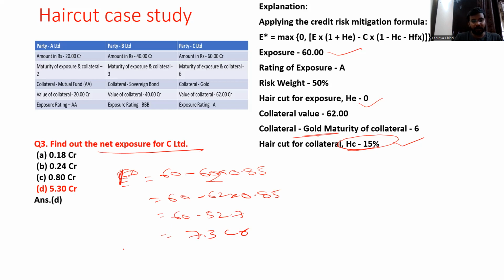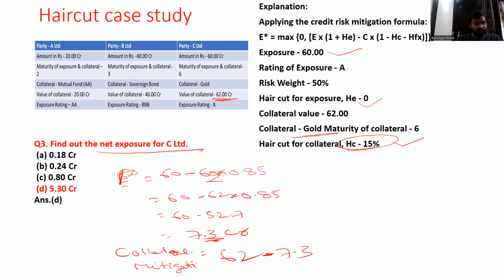exposure. Now we have to calculate collateral after mitigation. Collateral after mitigation means collateral value minus exposure value. So what is the collateral here? Collateral here is 62 minus exposure value 7.3.